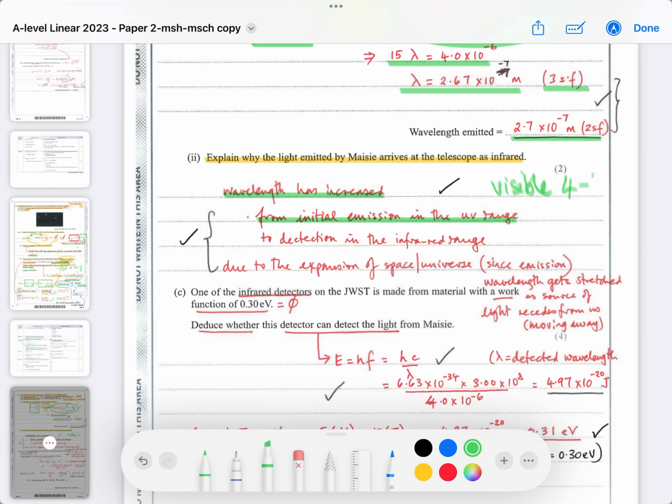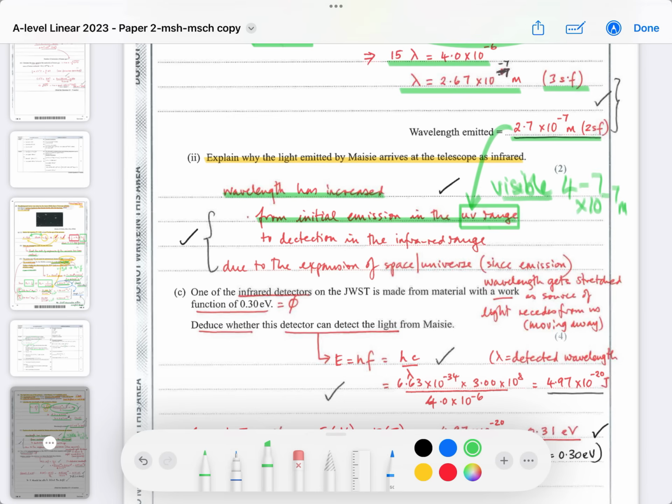So 4 to 7 times 10 to the minus 7 meters is the visible range. So you can see it's shorter than the minimum visible wavelength. So therefore, this is ultraviolet.